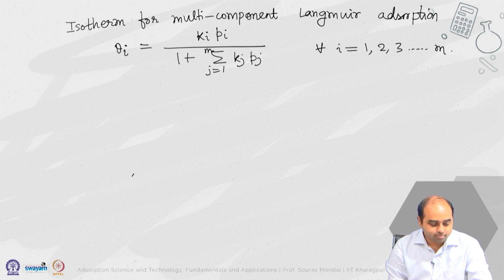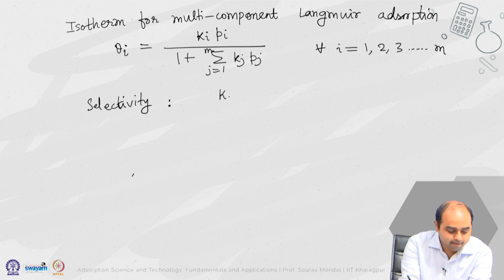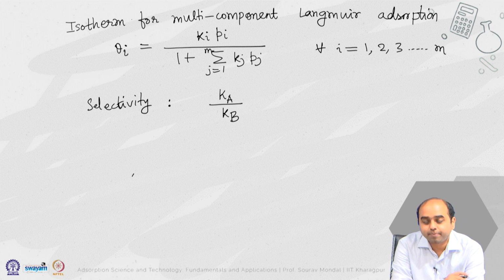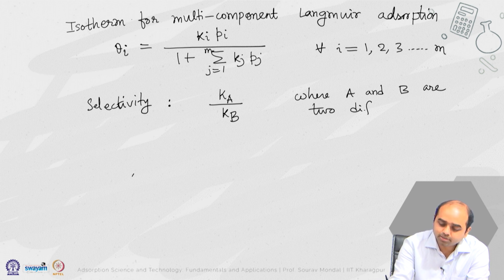The selectivity applicable here is defined as Ka by Kb, where A and B are two different species.